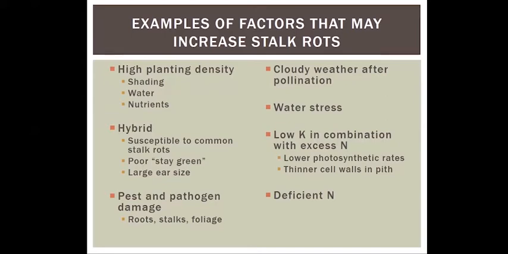Hybrids also vary significantly in their response to stalk rots. Typically, the ones that are going to be most affected are ones that have poor stay green scores or extremely large ear sizes, as I mentioned before. Also, pest and pathogen damage. We'll talk about this, but not just the roots and stalks, but also the foliage, because the foliage is going to be producing the carbohydrates.